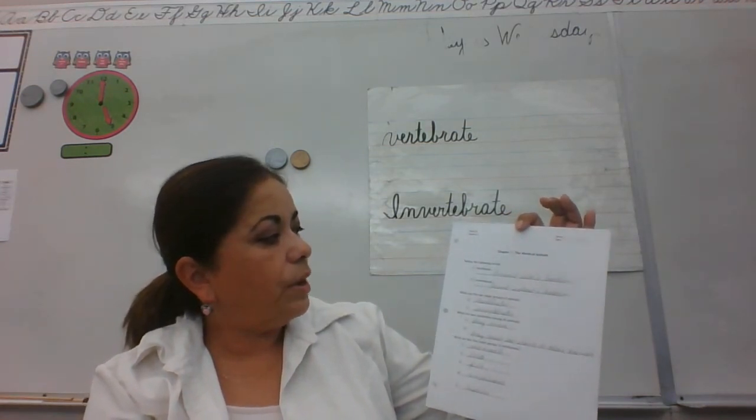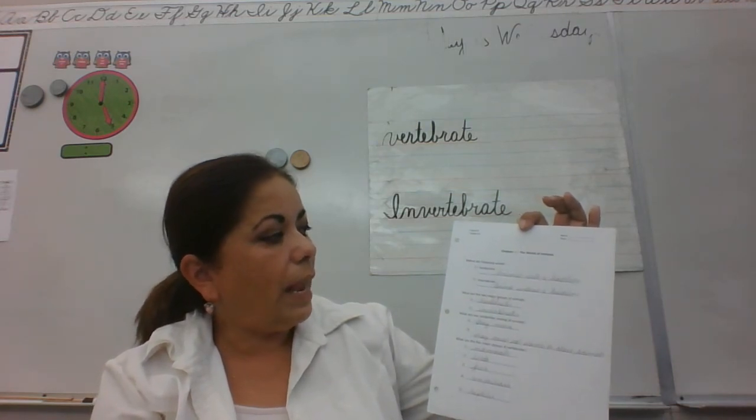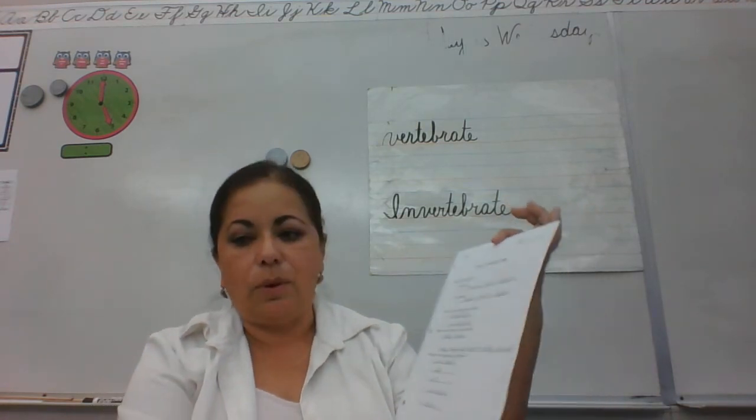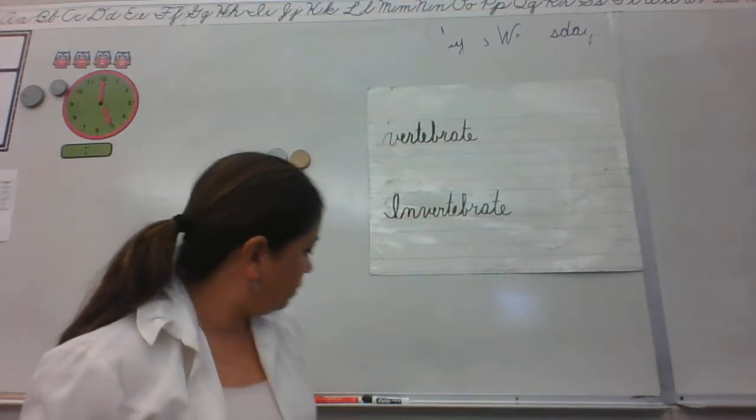Number one, what is a vertebrate? So on that line, you're going to write animal with a backbone. And I'll write it on my board up here, so you can write it yourself.